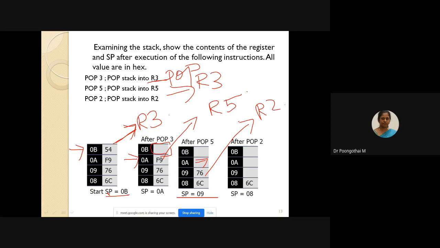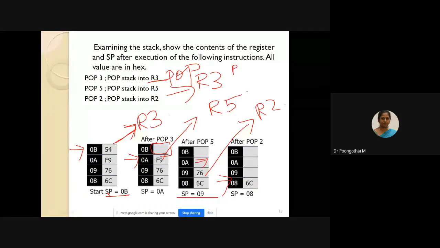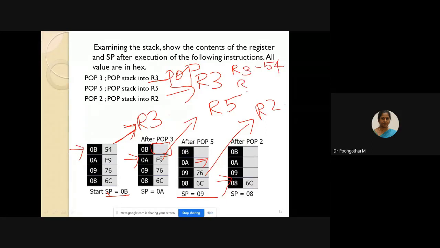Now your stack is pointing 08. So from memory locations 0B to 09, the contents are copied into R3, R5 and R2. After execution, your R3 holds 54, R5 holds F9 and R2 holds 76. Is that clear?